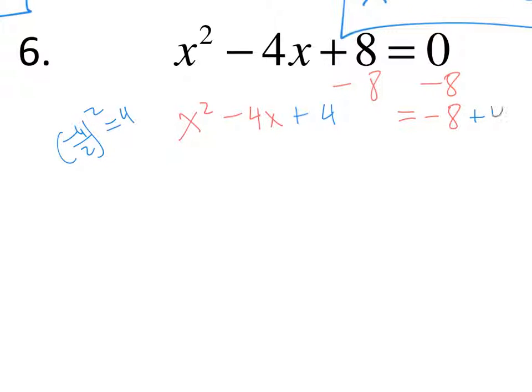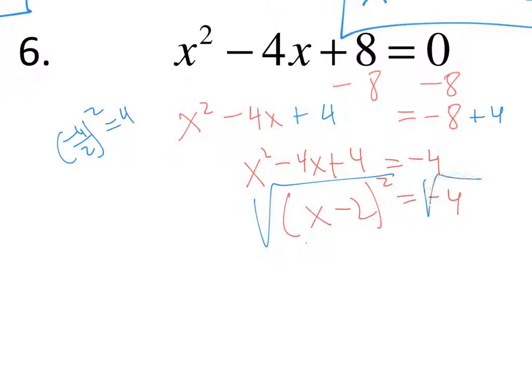So we're going to add 4 to both sides, and so we end up with x squared minus 4x plus 4 equals -4. This factors into x minus 2 squared. We set it up to make sure that happened, and then we want to square root both sides. When we square root, we get x minus 2 equals, now there's a negative there, so there's going to be an i.